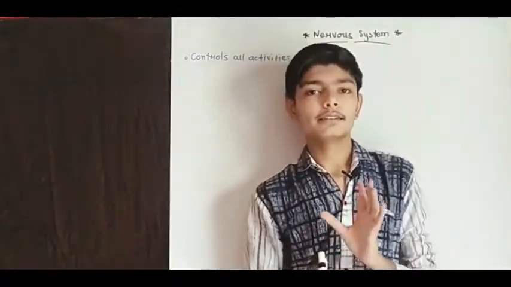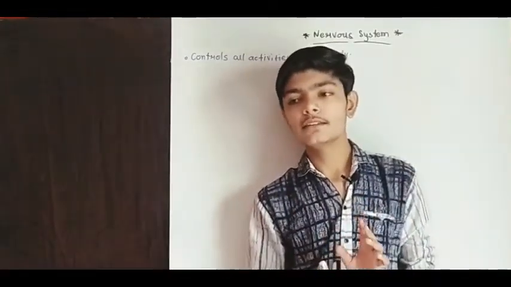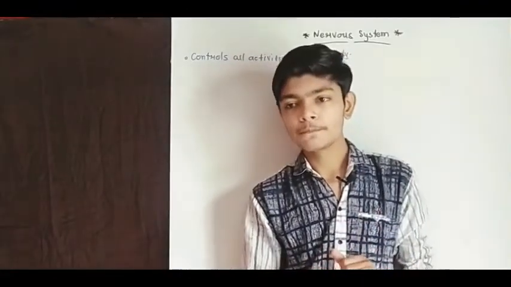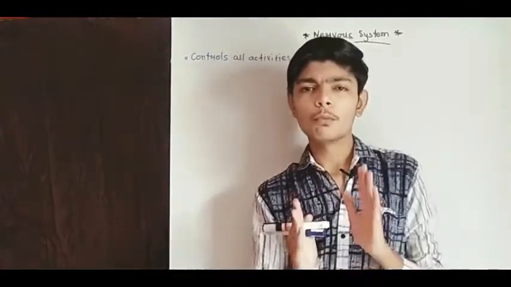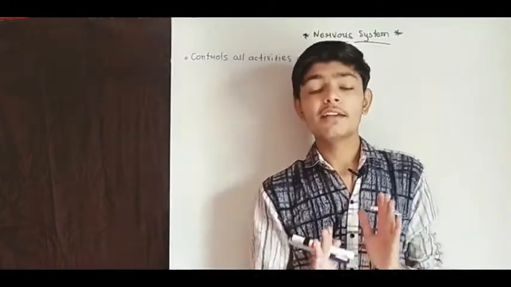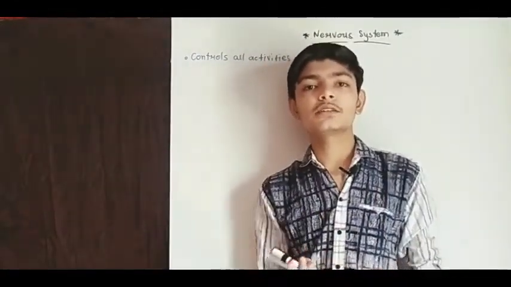Now an interesting point here is that with a mass of only 2 kg, which is about only 3% of the whole mass of the body, the nervous system is one of the smallest systems of the body, yet it is the most complex system of the body.